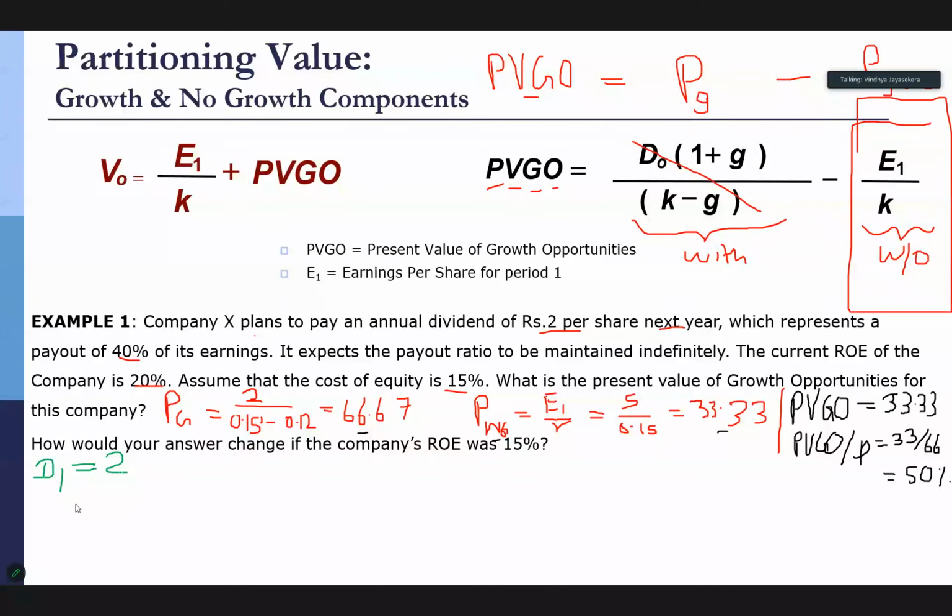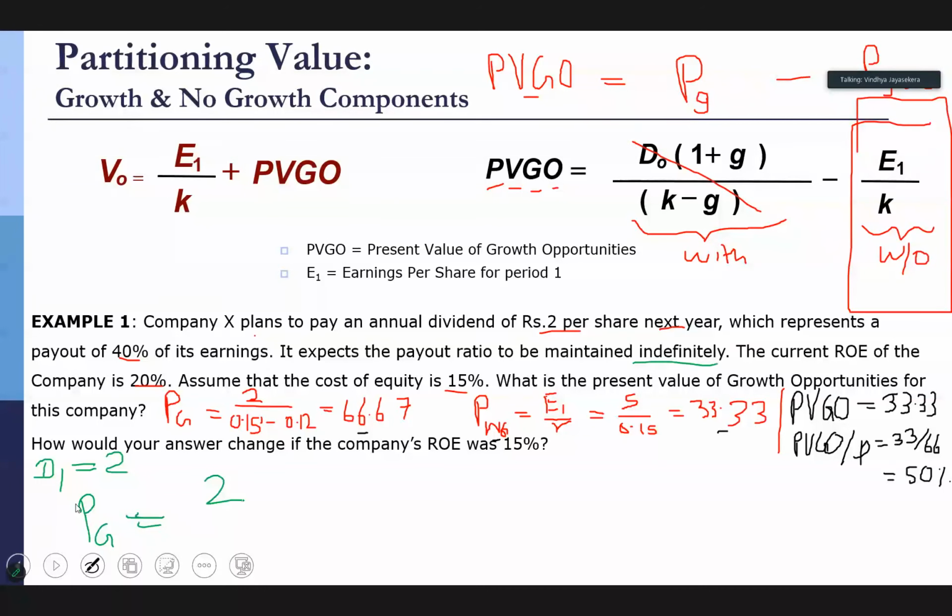Good. So here you see now my company's actual value, everything is the same, right? There are dividends, there's a payout ratio, there's a target ROE, and dividends are expected to grow constantly, indefinitely, right? So I can use the Gordon growth pricing model to come up with the price.